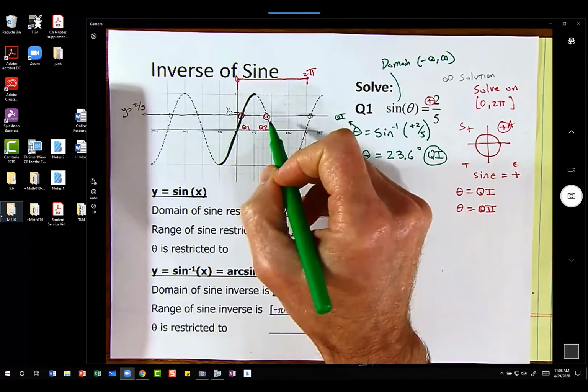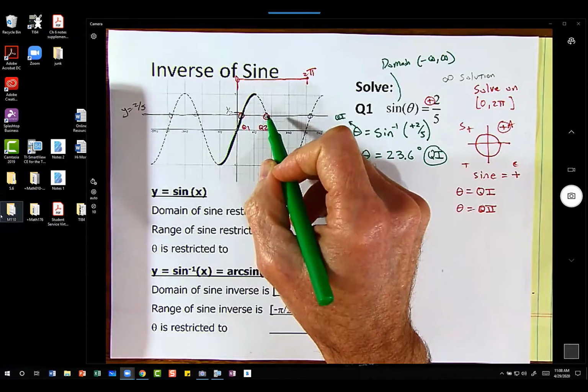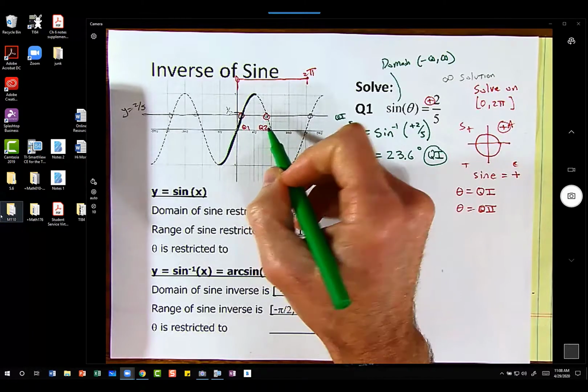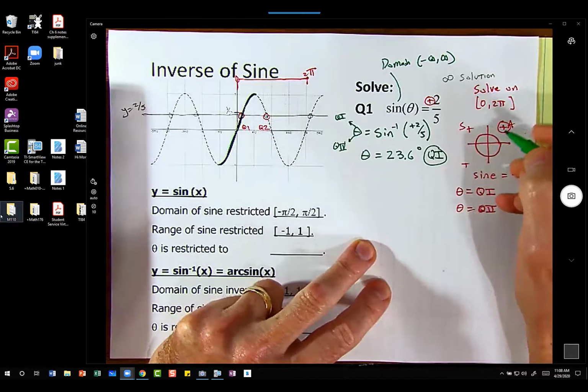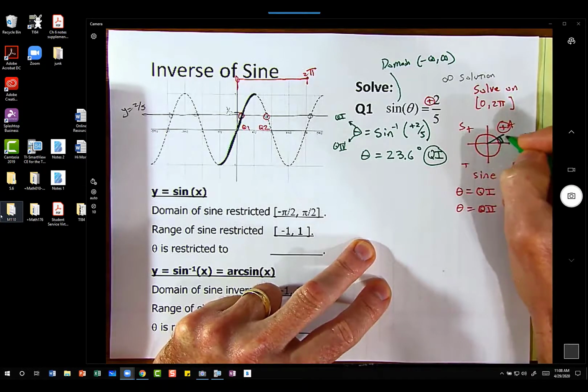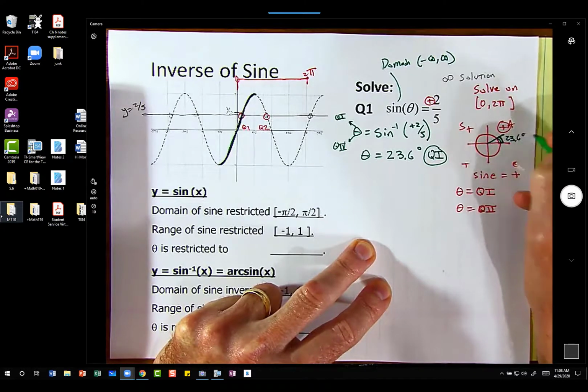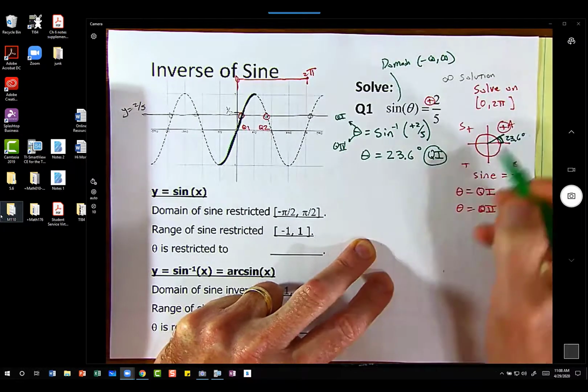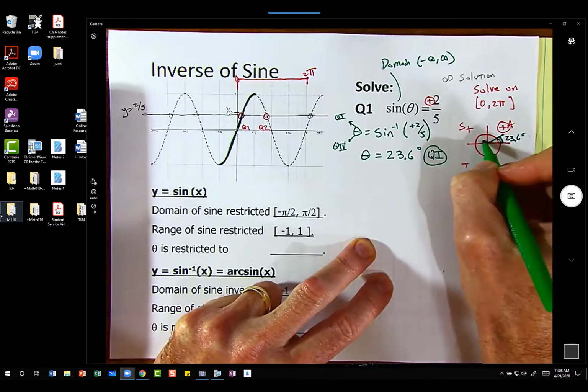But my second intersection, my next solution is in quadrant 2 over here. So I have an answer right here, 23.6 degrees. But I have another answer over here.